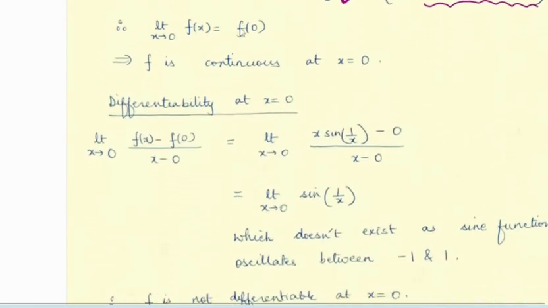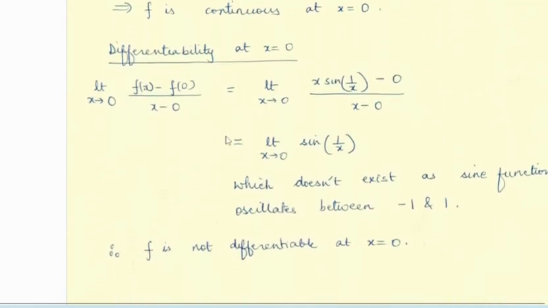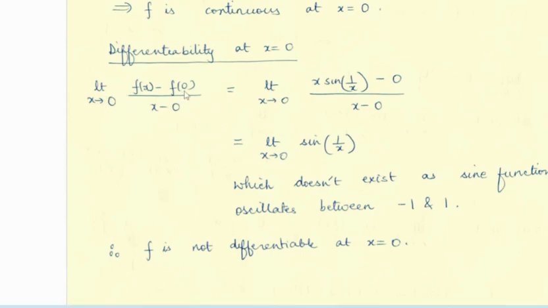But when you try to test your differentiability at 0, once again you consider limit x tending to 0. Your point a is 0 here. So the limit that needs to be tested for differentiability is f(x) minus f(0) upon x minus 0. f(x) is given to be this, f(0) is 0, upon x minus 0.